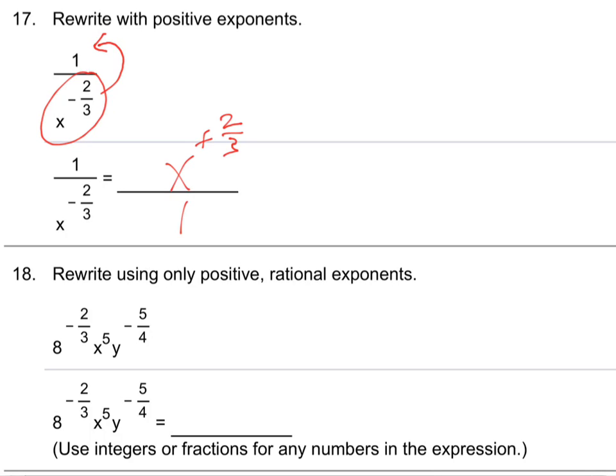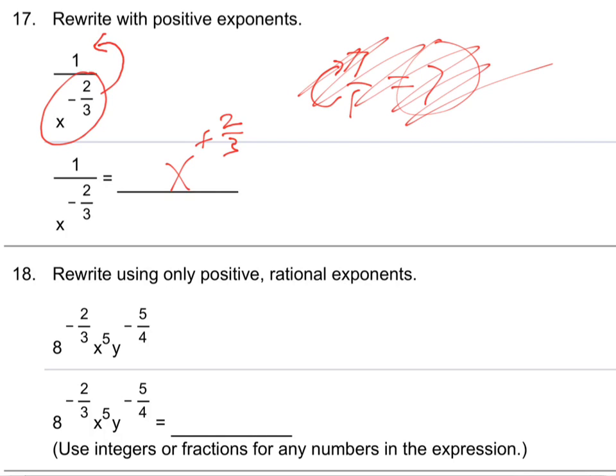Now you can put it over 1, but we never leave 1s in the bottom of a fraction. Why not? Why don't we leave 1s in the bottom? Because that's considered unsimple. Like think about 7 divided by 1, for example. That's just 7, isn't it? Because 1 goes into 7 times. So you never leave 1s in the bottom. That's considered unsimplified. You just get rid of them. Just a normal 7. Anyway, that's not our question. This is just normal x to the 2/3. Don't need the denominator anymore.